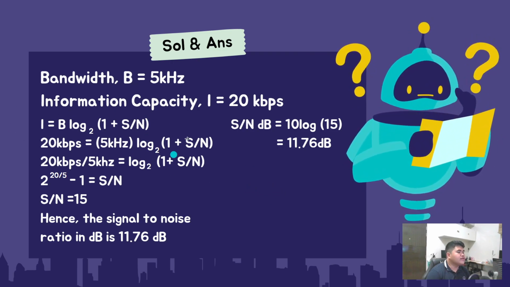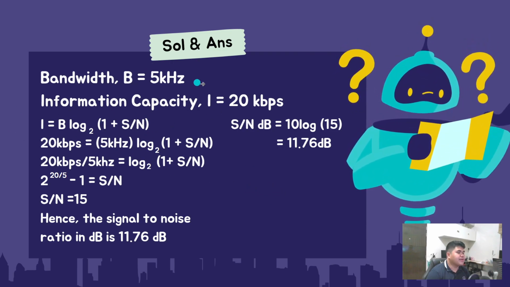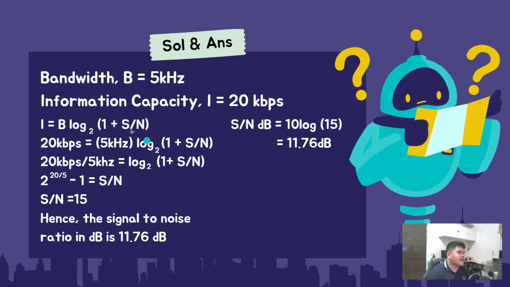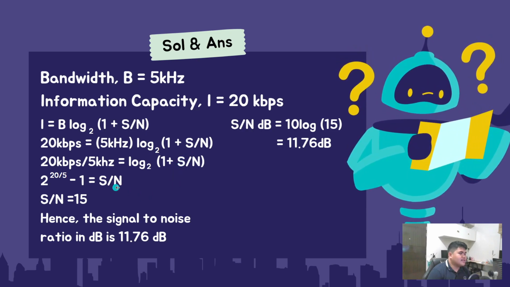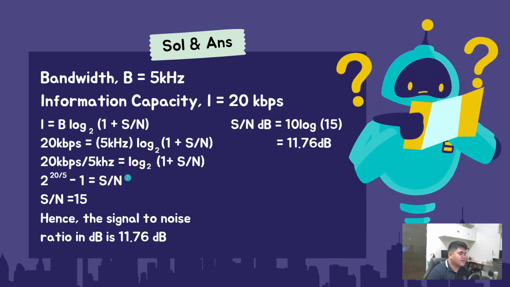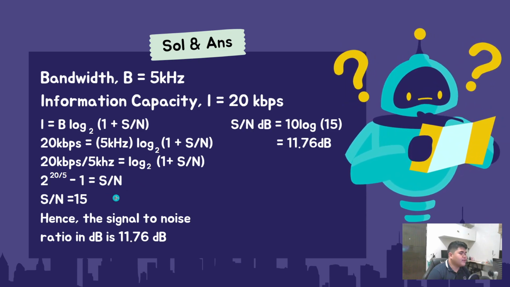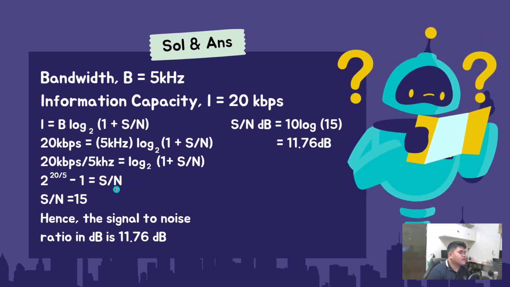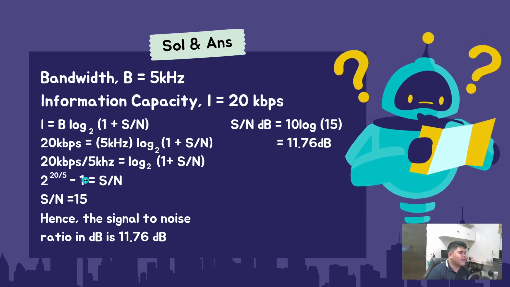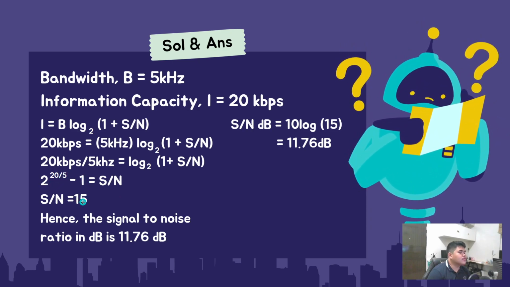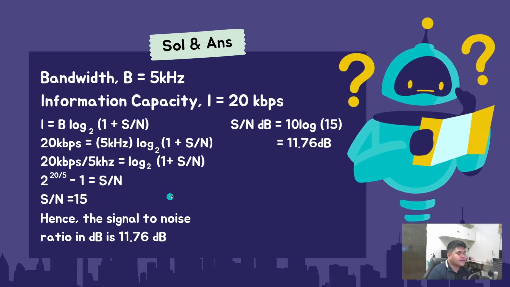Hence, we use Shannon's formula and then we plug in the given values. After this, we use algebra to isolate S over N, which is the signal-to-noise ratio. After doing this, we arrive at the equation that signal-to-noise ratio is equal to 2 raised to 20 over 5 minus 1. Hence, signal-to-noise ratio is equal to 15.